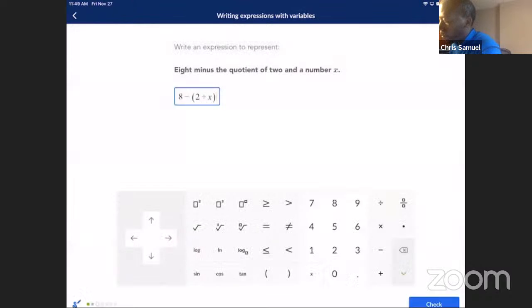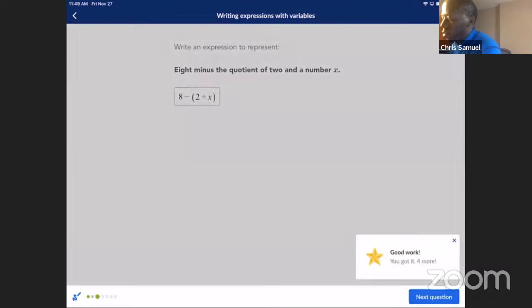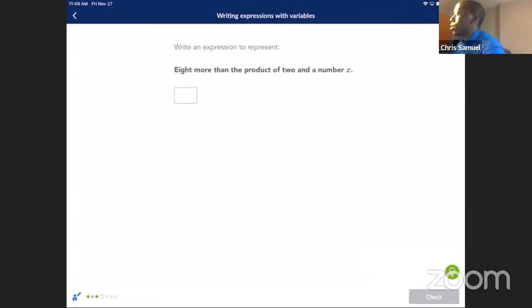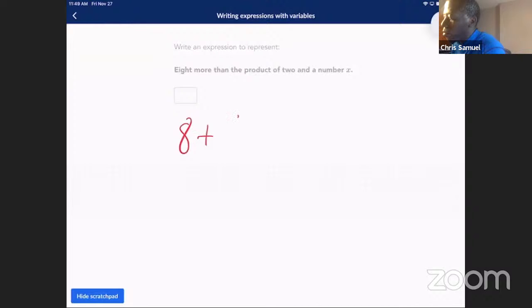Yeah, look at that. All right, good. So when they say minus, that's different than less than. Interesting. I didn't really put that together. Next is write an expression to represent 8 more than the product of 2 and a number x. So 8 more than the product of 2x.